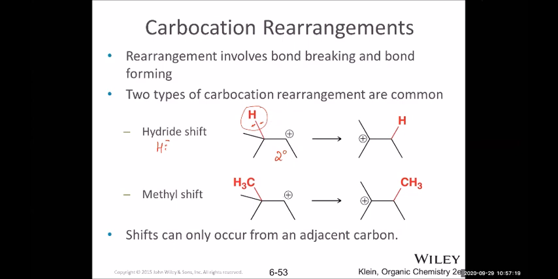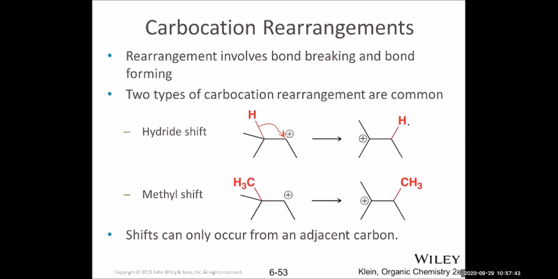So the arrow pushing is one step. It looks very simple, by the way. This means this bond will break, and the hydrogen with a lone pair moves to a new location.